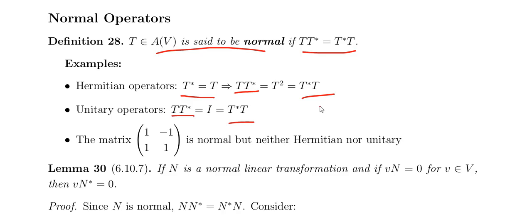But some matrix is normal, but neither Hermitian nor unitary. This is the example: 1 minus 1 and 1 1. This is normal, since TT star and T star T are both equal, but this is not Hermitian and this is not a unitary operator.